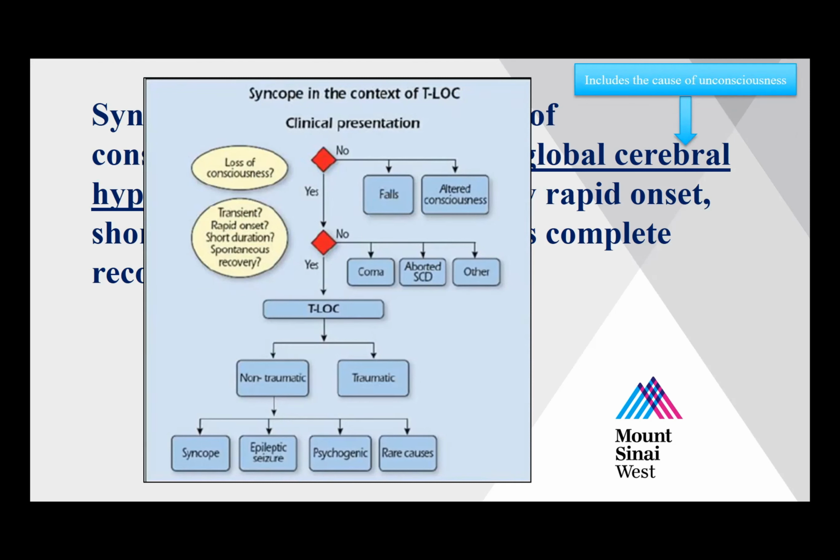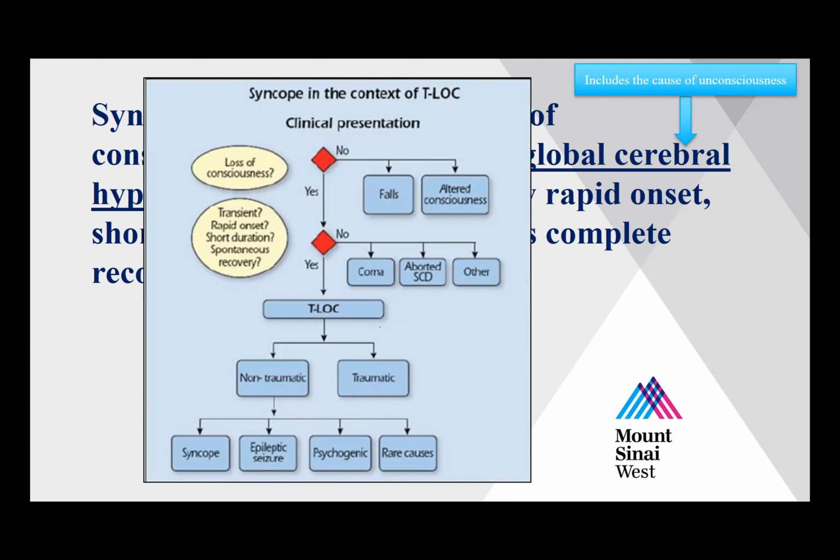If there wasn't, then really it was a fall or altered consciousness. Do I have a pointer? Let me see. Can you guys see this? Yeah. So it was a fall or altered consciousness. It wasn't syncope. If there was loss of consciousness and they did not come back to baseline, it's not syncope. It's coma or something else.